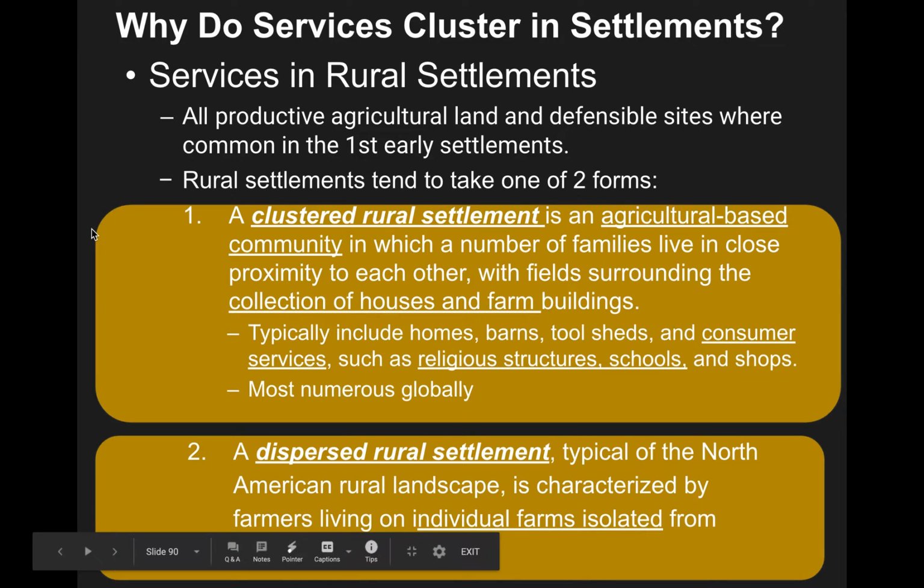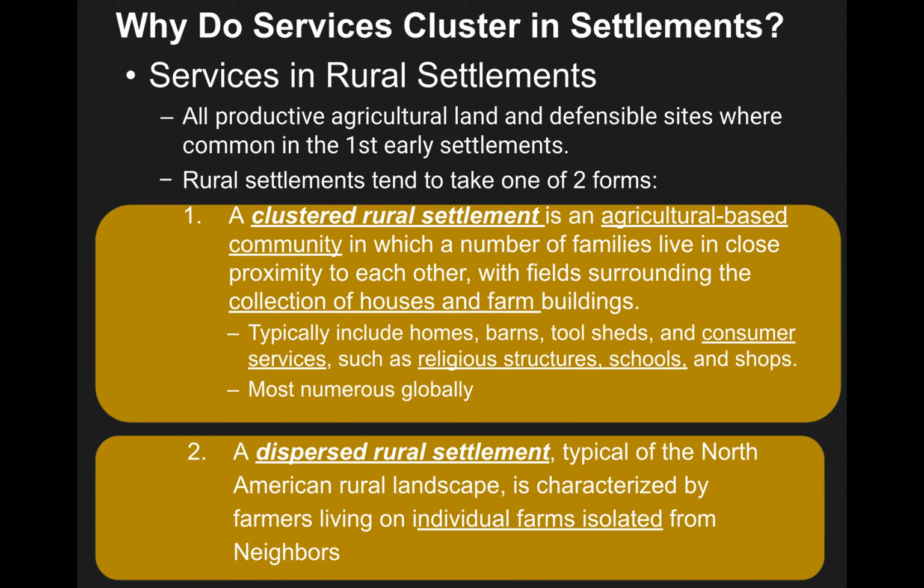All right, starting out, we go back to agriculture, and we can see that all productive agricultural land were used as defense sites. So we go back to Mesopotamia with our first clustered settlements, and those would have been the city of Ur, which is known as the city of fire, found in Mesopotamia. These were agricultural-based communities. They're a collection of houses and farms.